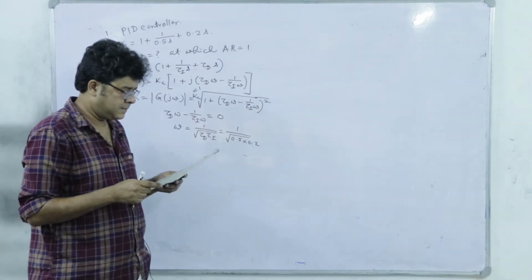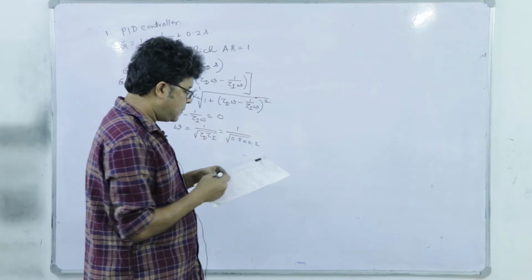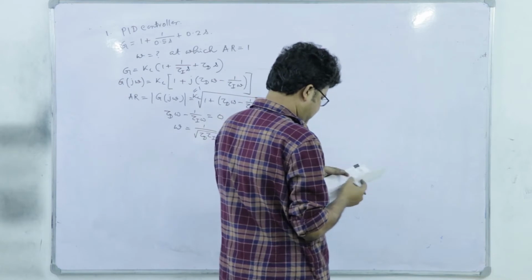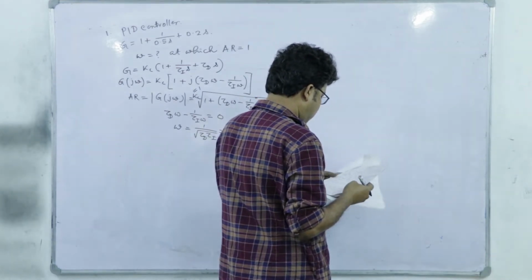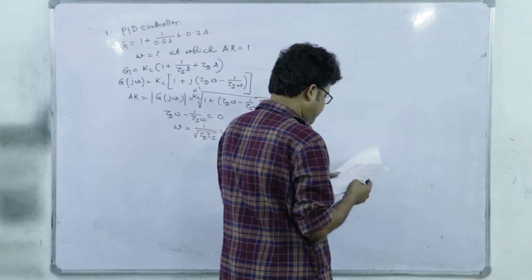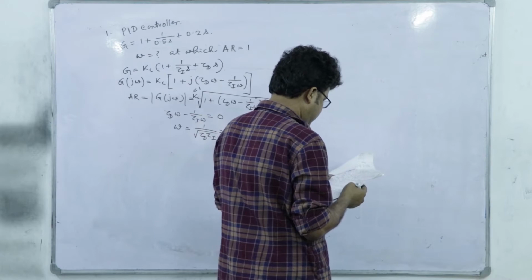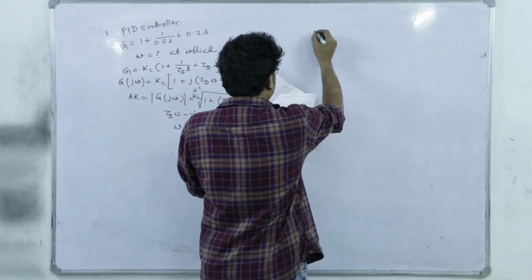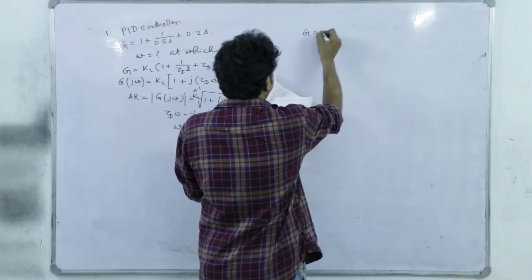Next, a process. The time constant of a unit gain first order process plus a dead time.